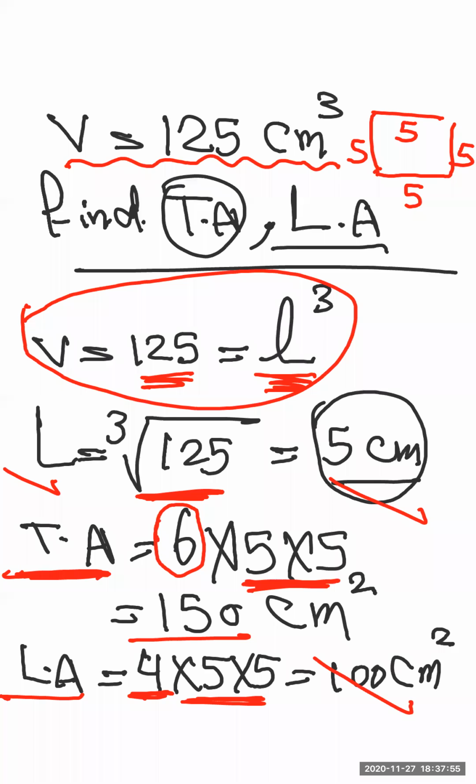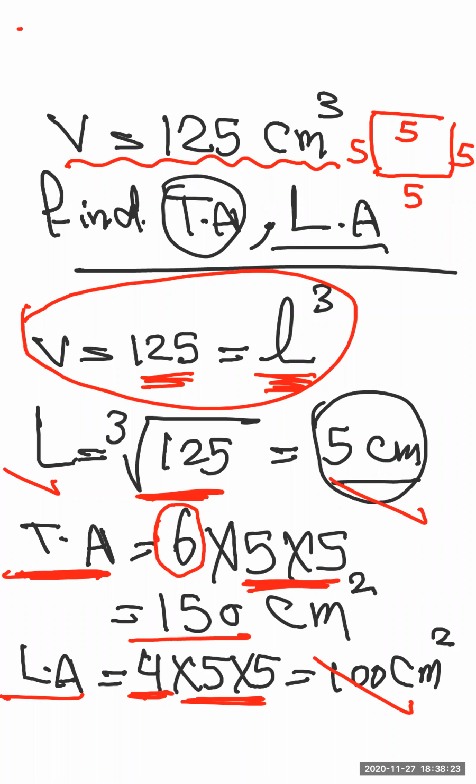Yeah, clear. Teacher, I have a question. Teacher, isn't L power 3 equals L times L times L? Of course. Can't we get the length of one side by L times L times L?